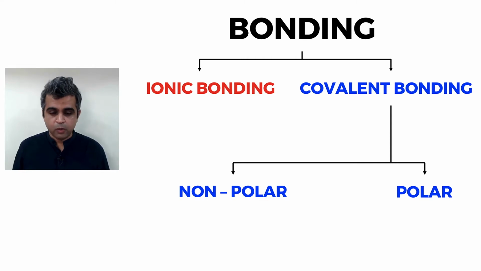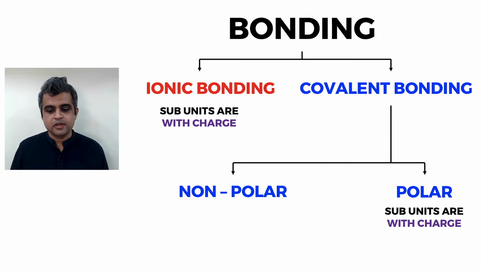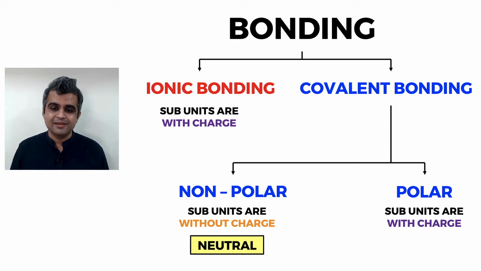The important point from a biological perspective is this: ionic compounds, or ionically bonded compounds, have subunits with charge. The covalent compounds which are polar will also have subunits with charge. But the covalently bonded compounds which are non-polar have subunits without charge, which means that they are electrically neutral. There is nothing positive or negative inside, they are neutral.